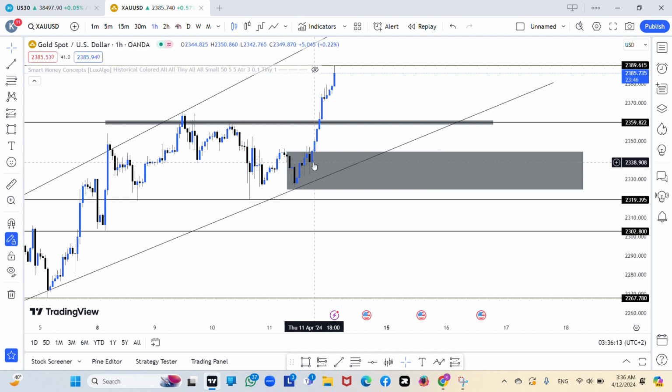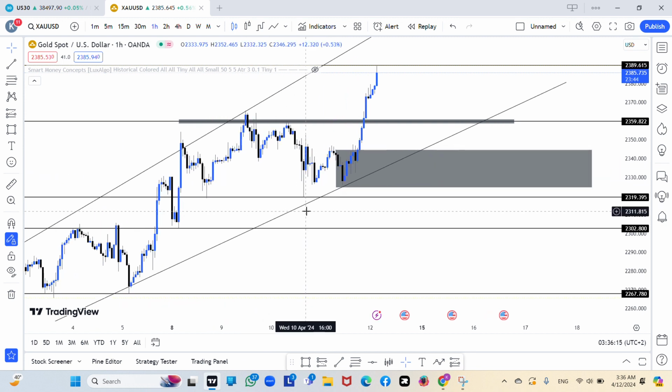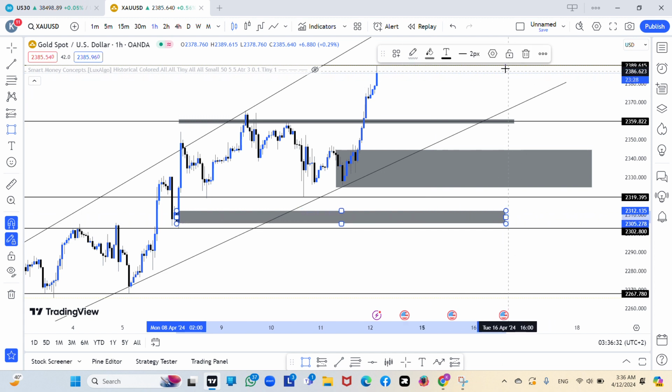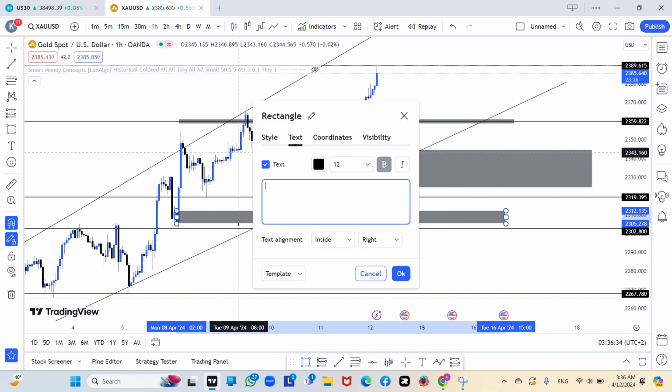But I'd like to refine it too. So let's start here. This is the previous demand that we had, right? And price left it unmitigated. It wasn't mitigated. So in future, if price could come here in this demand, then I would enter my buys. So it's a 1H demand, 1 hour demand, right?